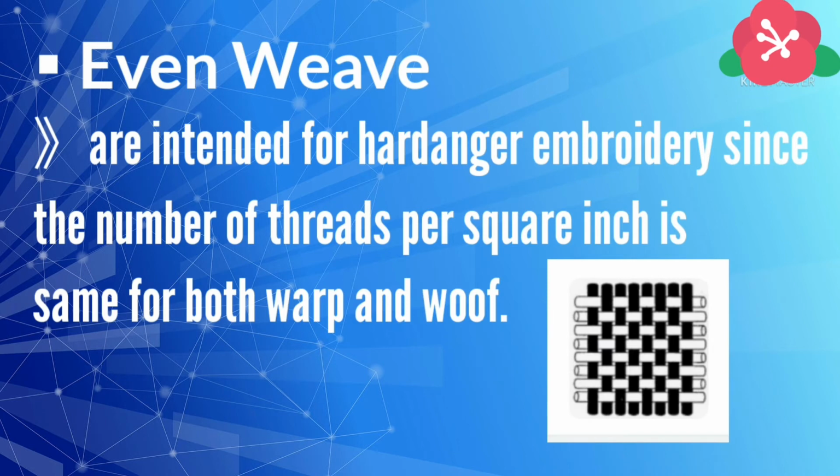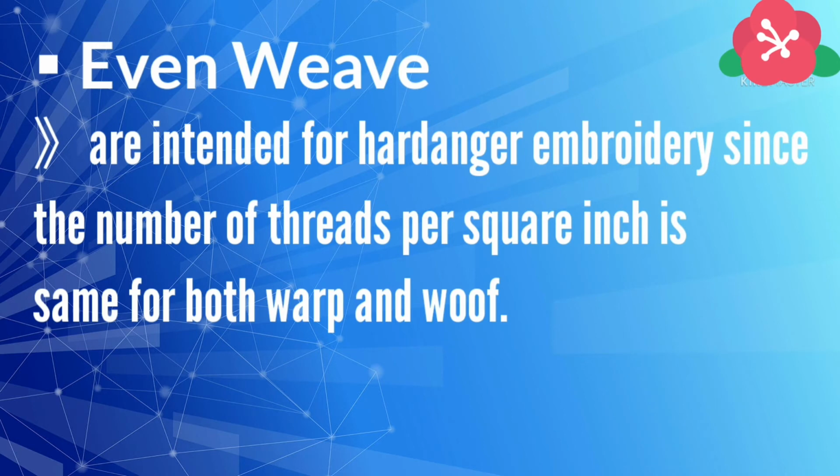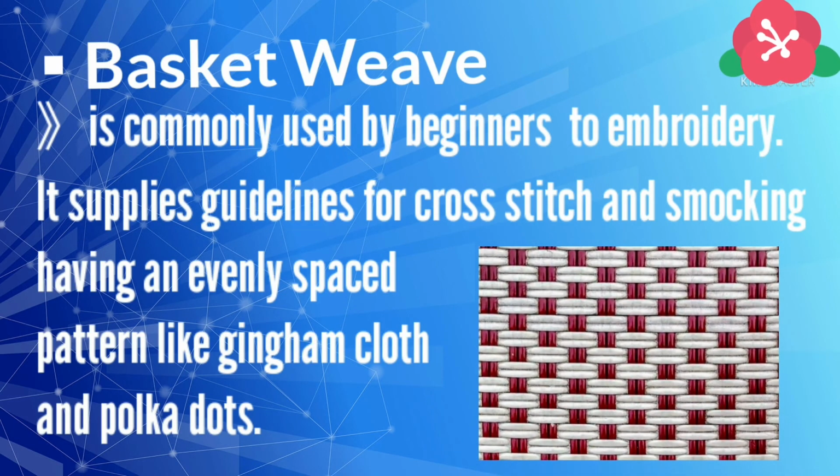Even weave is intended for hardanger embroidery since the number of threads per square inch is the same for both warp and woof. Basket weave is commonly used by beginners in embroidery. It supplies guidelines for cross-stitch and smocking, having an evenly spaced pattern like gingham cloth and polka dots.